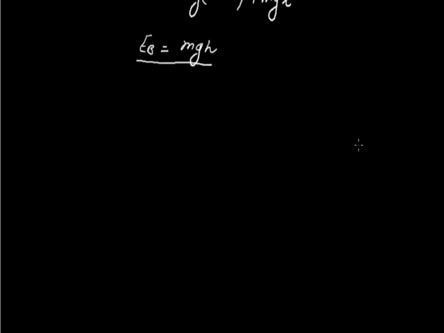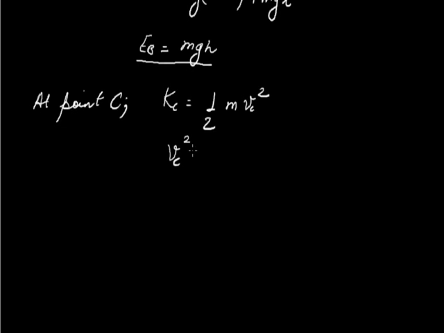Now we go for the point C. The kinetic energy at C should be half m v_C squared. For the velocity at point C, we can use the third equation. We get v_C squared equal to 2gh because u squared is equivalent to 0.